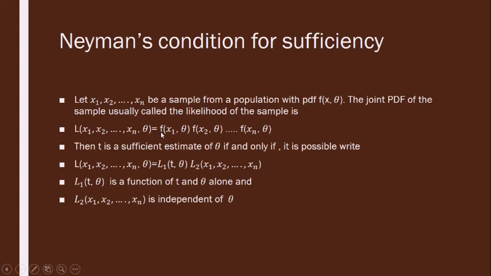It is the product of the density functions of the individual samples, that is f of x1 comma theta multiplied by f of x2 comma theta, etc., f of xn comma theta, since there are n.